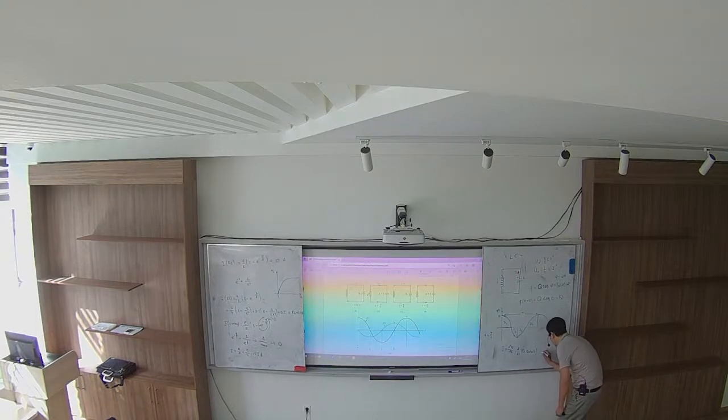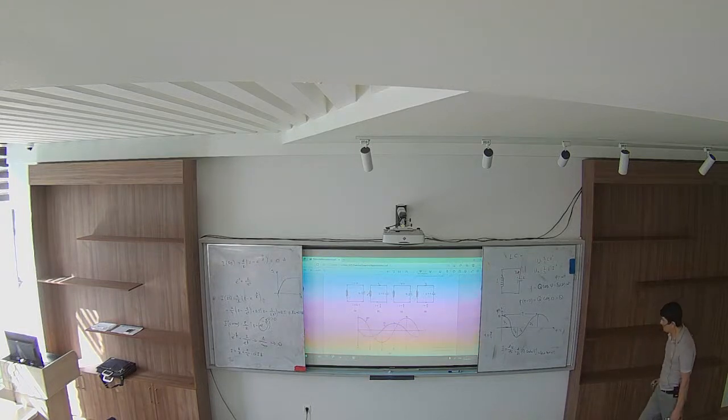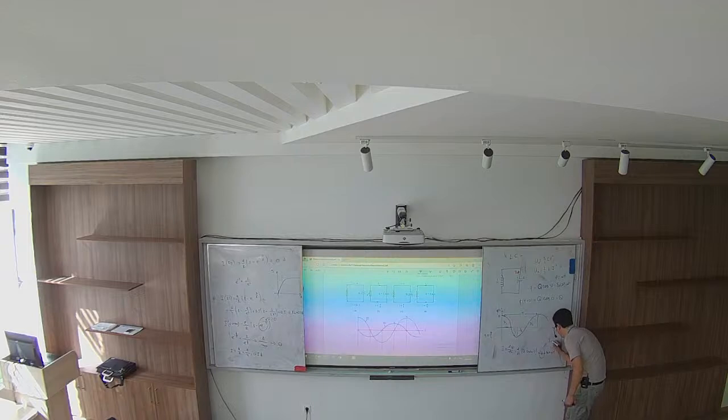It is minus q omega sine omega t. This is the maximum value of the current, I max or I zero. And here I max is equal to q times omega.